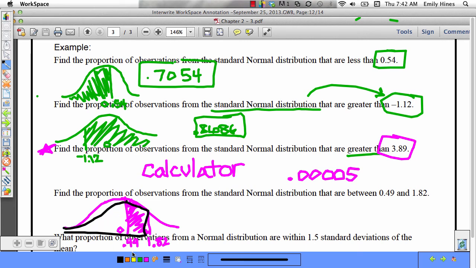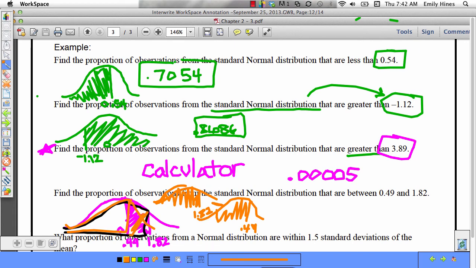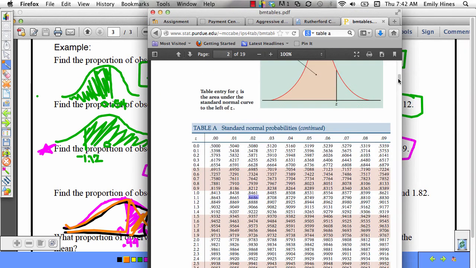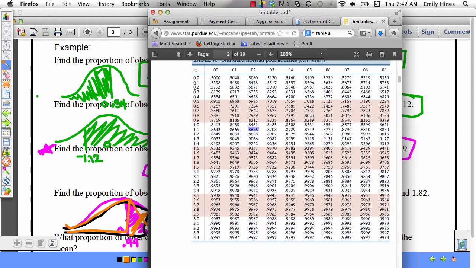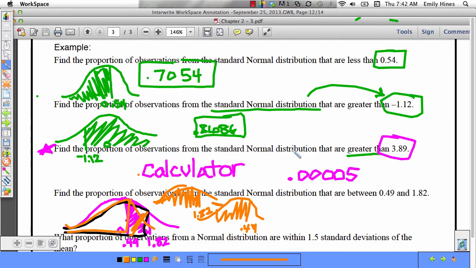If I think about this distance right here, it's really this minus this. So if I find the area under 0.49 and I find the area under 1.82 and I subtract them, that's going to give me this area here in between the two. So I go use my table A. I'm looking for less than, so I can say 0.4 would be right here, and if I go over, 0.49 would be 0.6879, and then I find 1.82 is 0.9656.